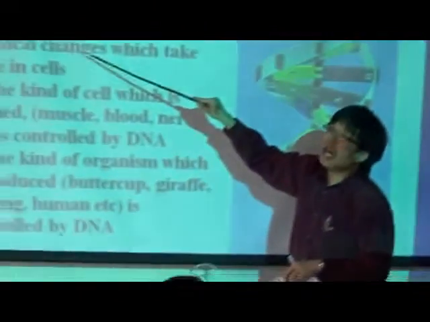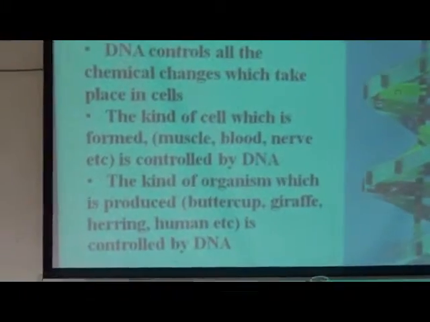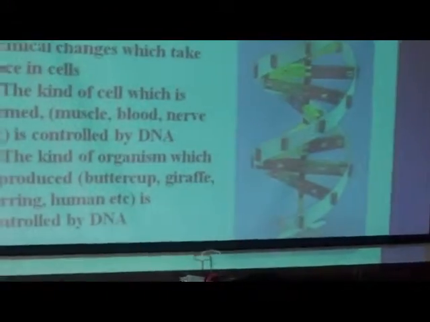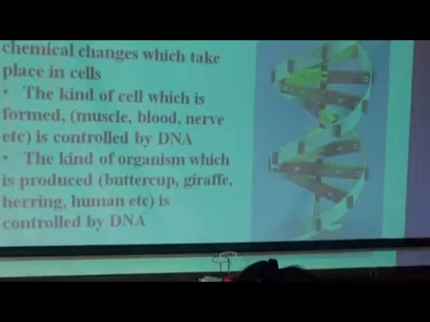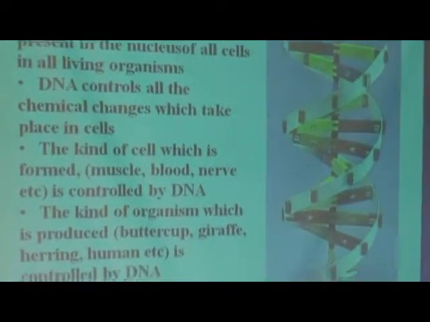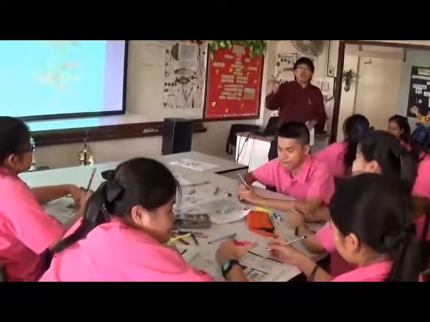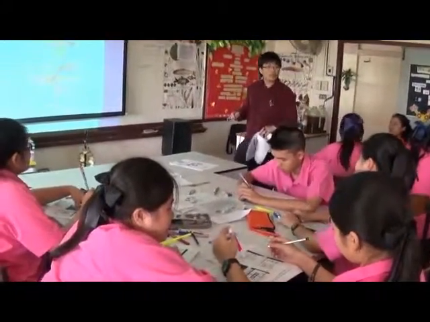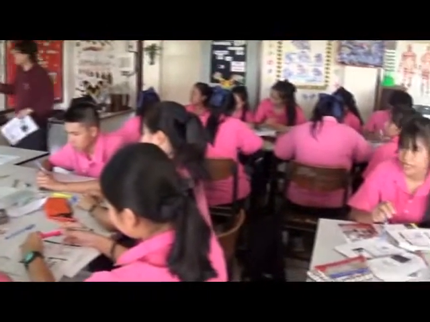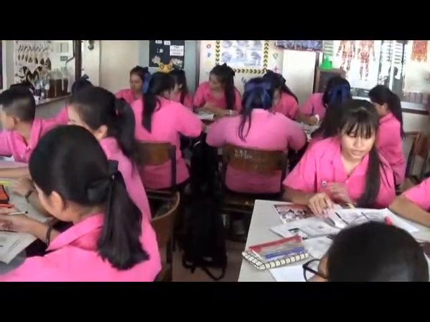The DNA controls chemical chains, and you like this word, gene. This word is called gene. What is a gene? Gene is on the chromosome. Okay.